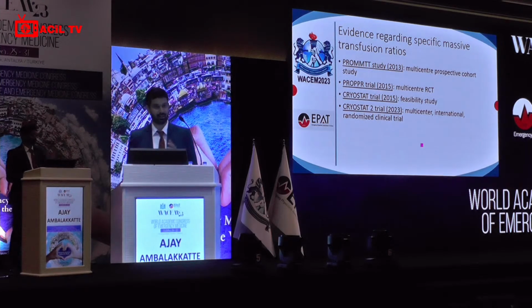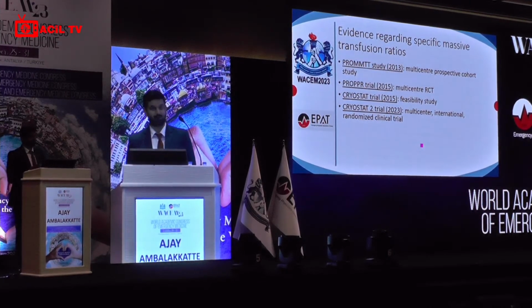Within 6 hours, the death was higher in that group. So they proposed a 1:1:1 or a low plasma to platelet ratio. This was further emphasized in the PROPPR trial in 2015, which was a multi-center RCT, which compared 1:1:1 to 1:1:2 ratio and found that there is no actual difference, but 1:1:1 is preferred.